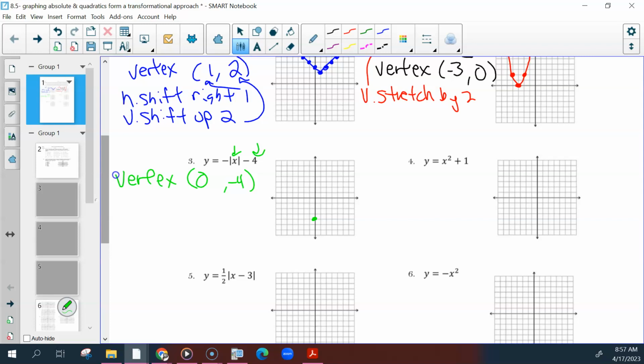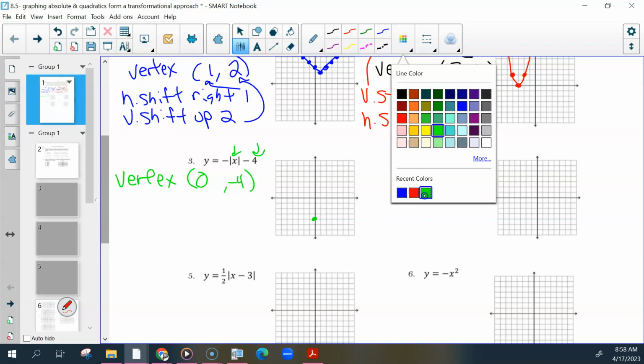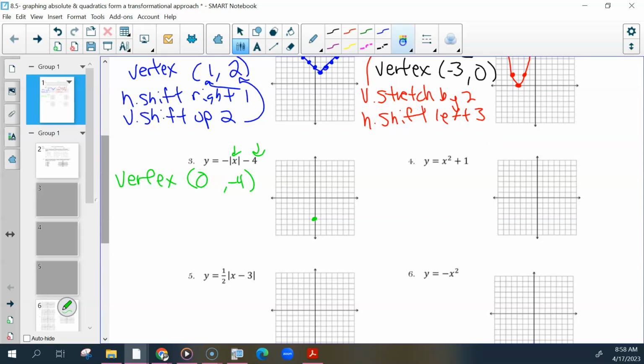Besides the vertical shift down 4, I didn't put the horizontal shift for that one, but I can go back and do that. So this one had a vertical shift but not a horizontal shift.